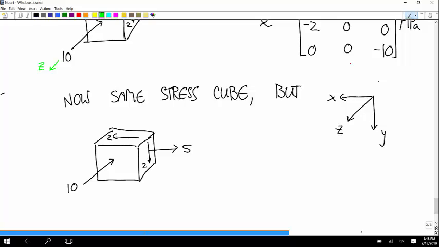This time the axes are like this. There's x, there's y, and there's z. Okay, so now on the positive x face, what's the normal stress in the x direction? So that's that face sort of behind there.